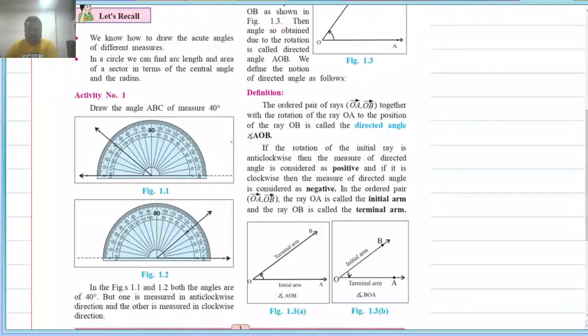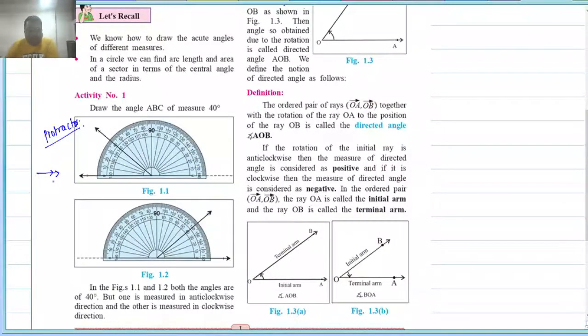Fine, you know how to draw the angle using a protractor. But using a protractor, you have drawn an angle from 0 degrees, which looks like this, where both the arms coincide in the same direction.